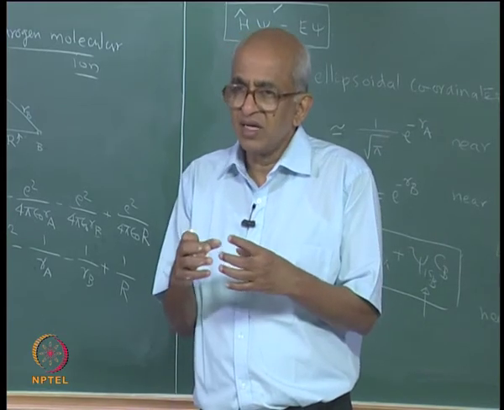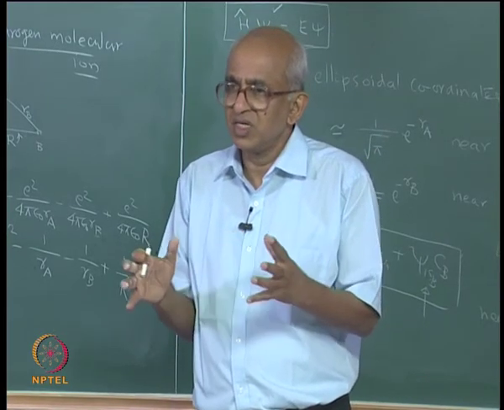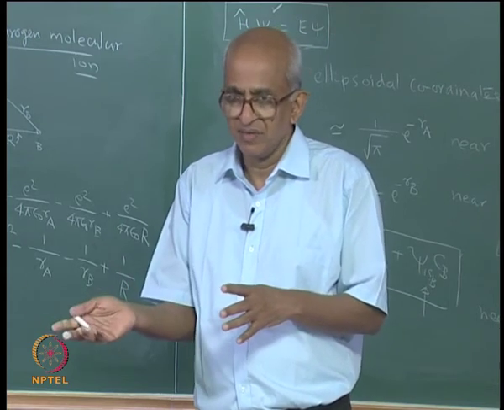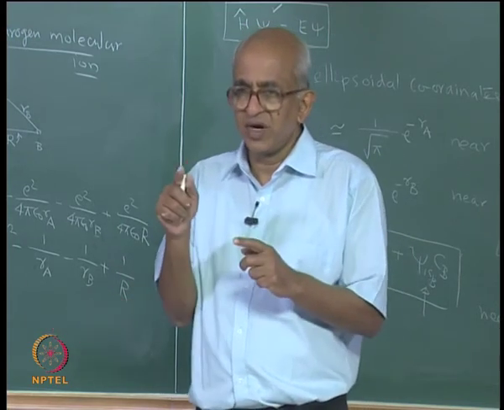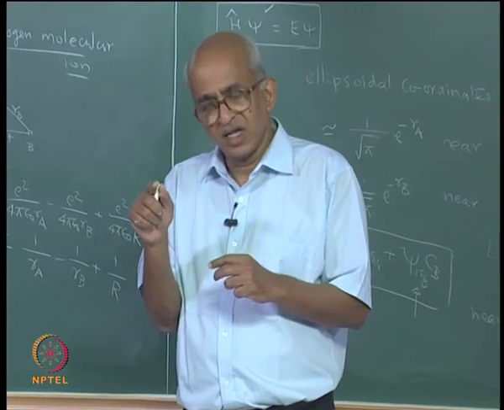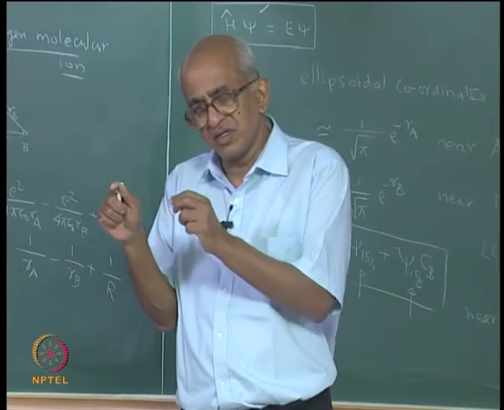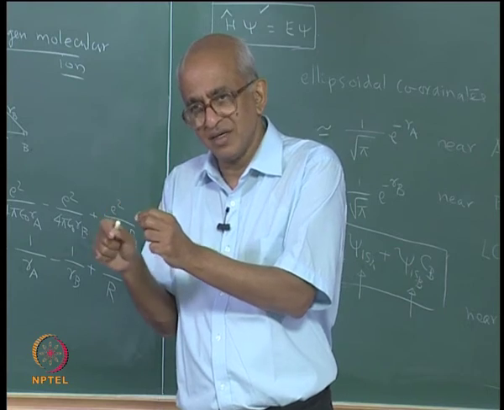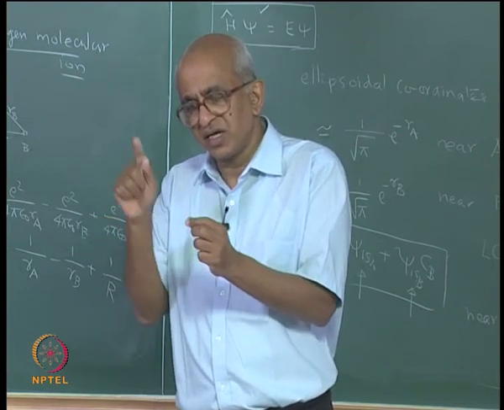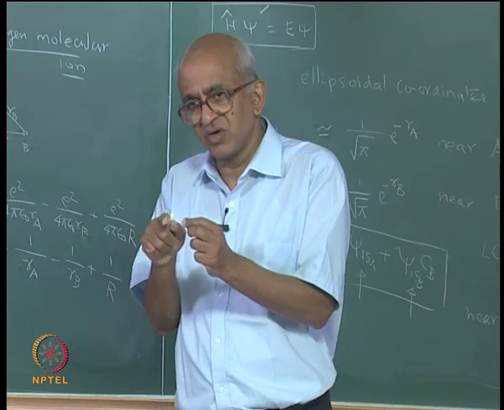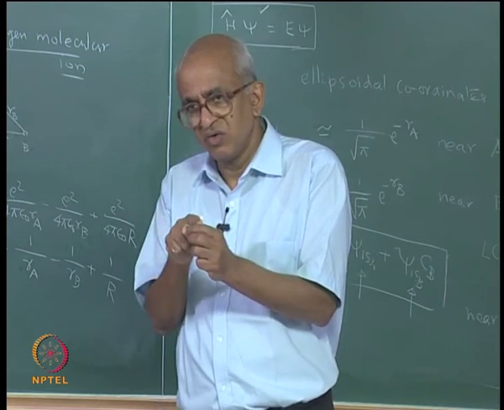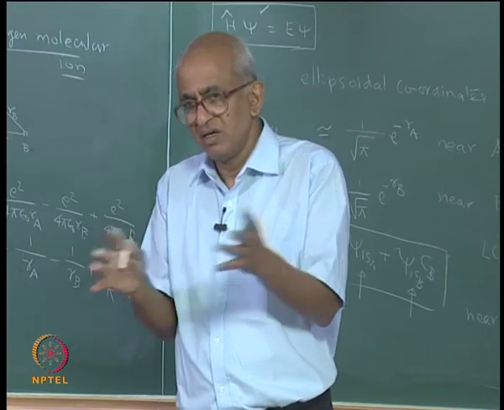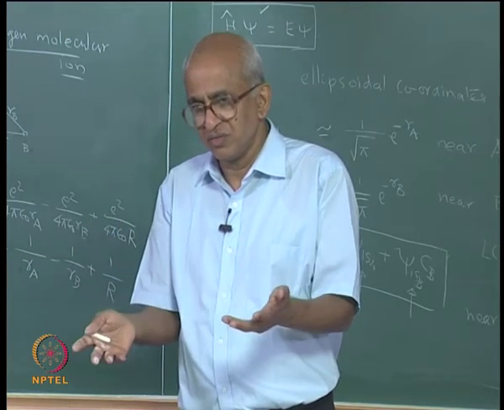If they were eigenfunctions of the same Hamiltonian, then they would be orthogonal. But 1s a is the eigenfunction of a Hamiltonian in which there is only interaction with nucleus A, while 1s b is the eigenfunction of a Hamiltonian where there is only interaction with nucleus B. So the Hamiltonians are different, and therefore this integral is not 0, it is non-zero.